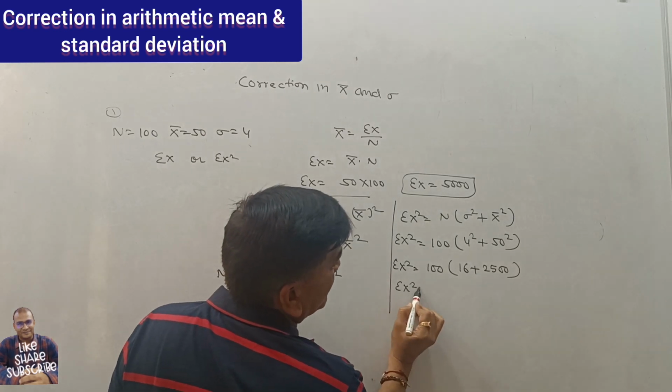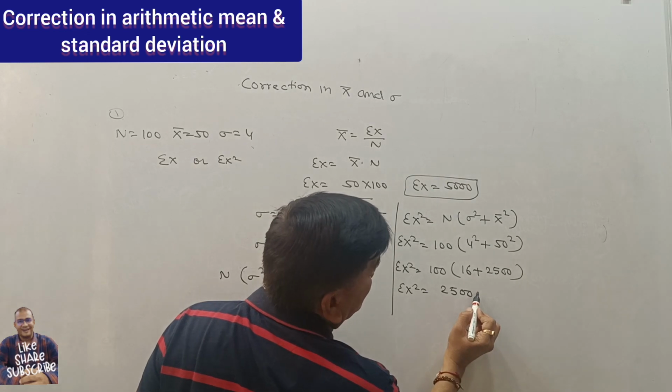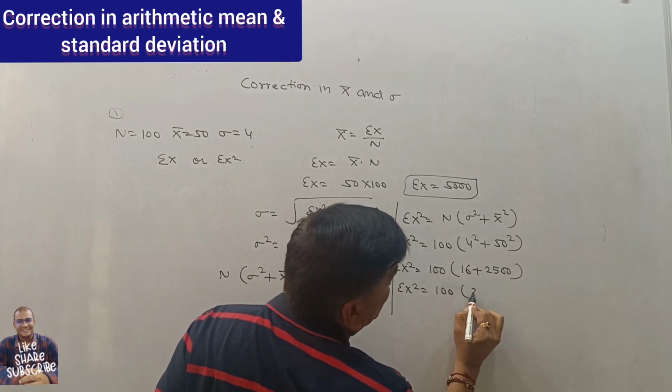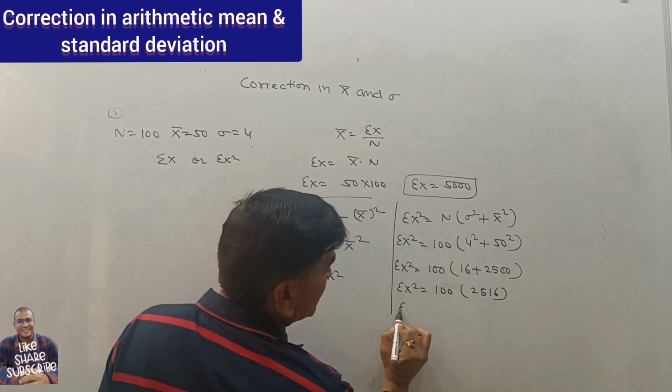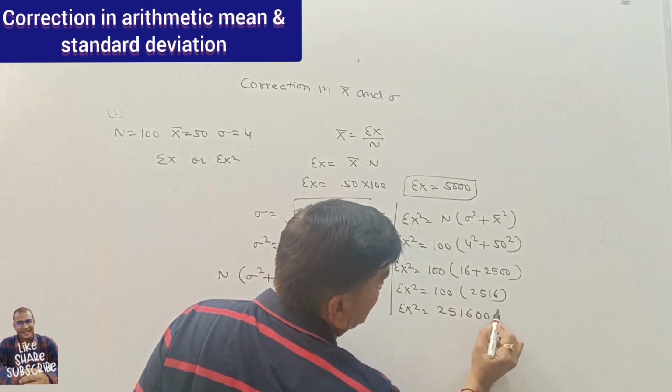So sigma x square will be 100 multiplied by 2516, so the sigma x square value will be 251600.